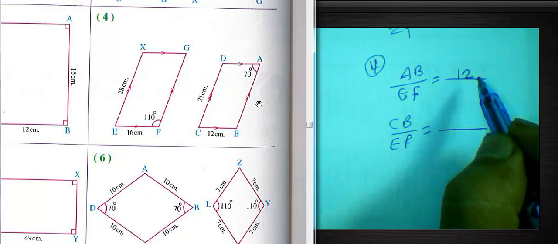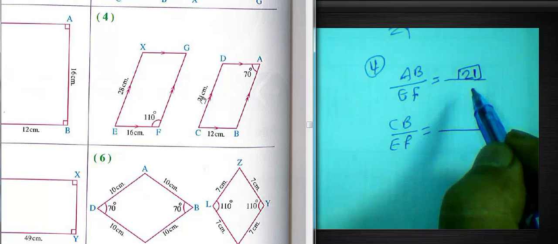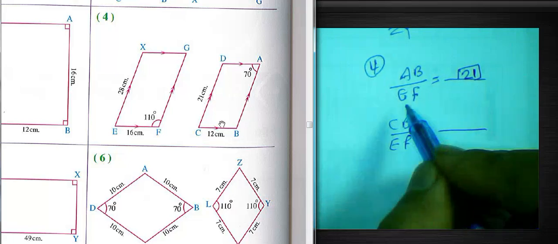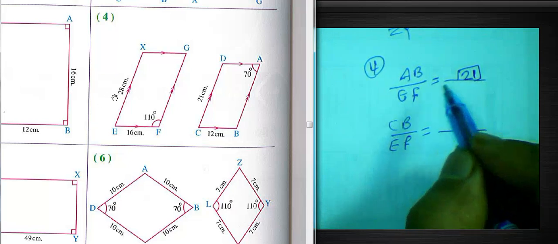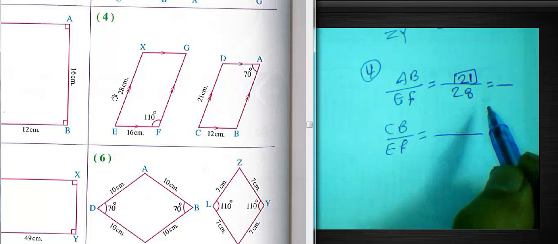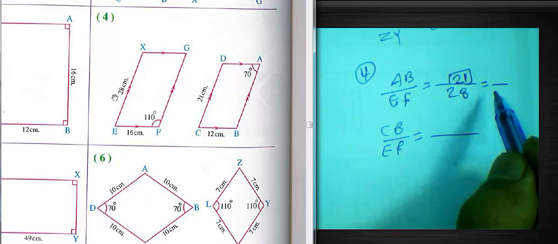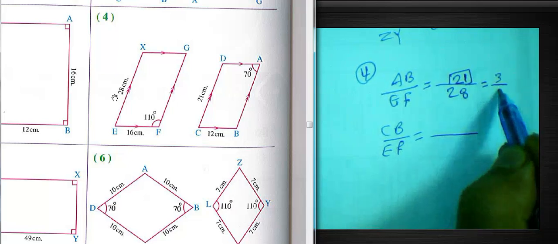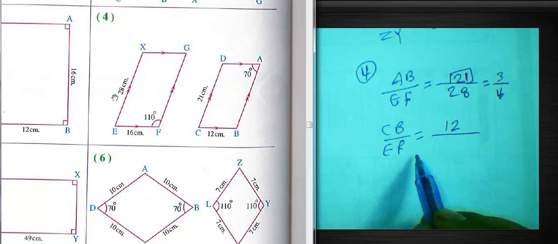AB equal 21, and GF equal XE equal 28 centimeter. You can find by dividing by 7, it's simplest. 21 divided by 7 equals 3, 28 divided by 7 equal 4. CB equal 12, and EF equal 16.